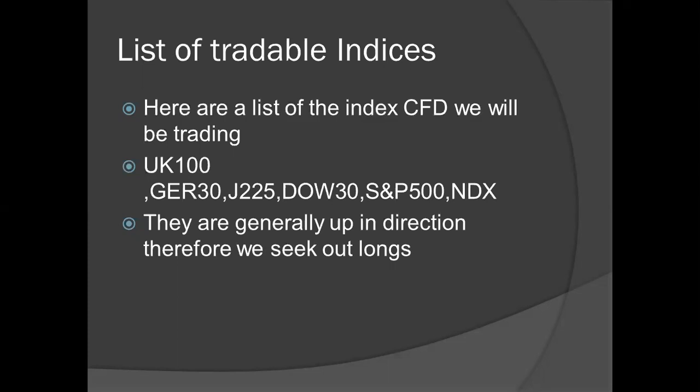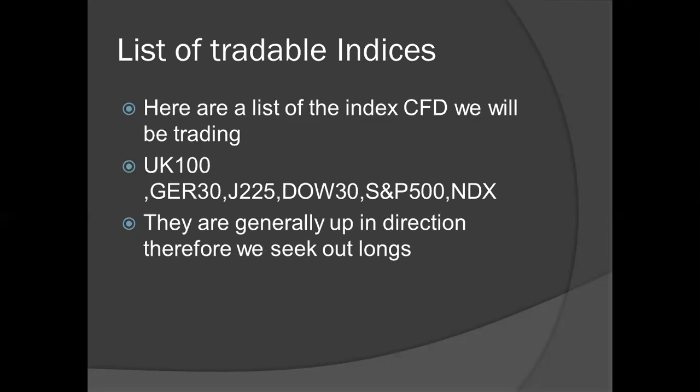Then you have the J225, which is the top 225 listed companies in Japan, and the Dow Jones Industrial Average, the top 30 industrial companies within the US. The S&P, Standard and Poor's 500, the top 500 companies, and NDX.